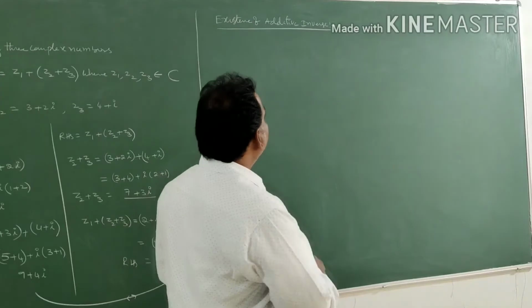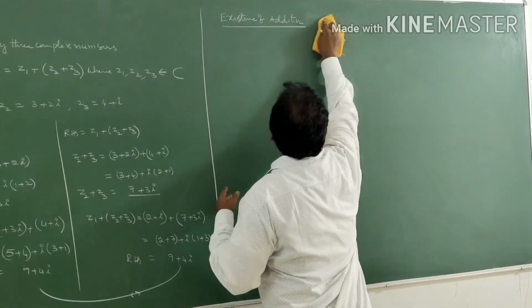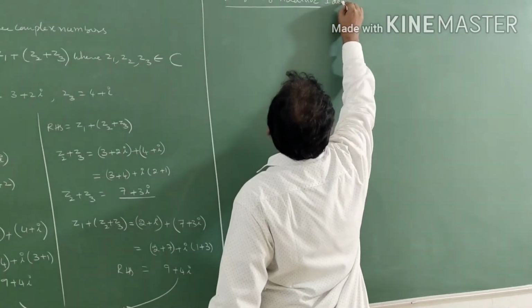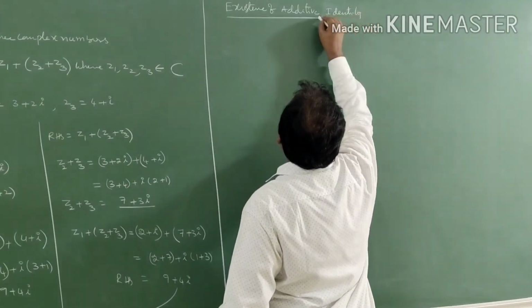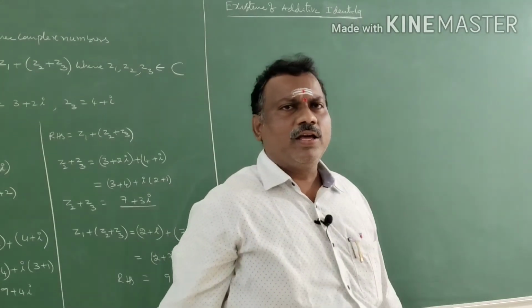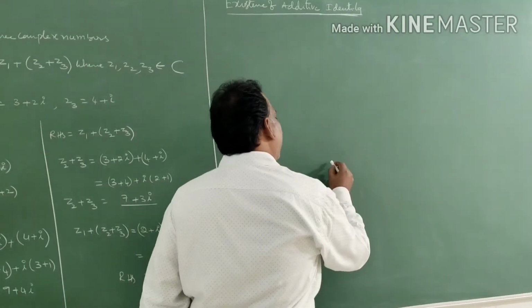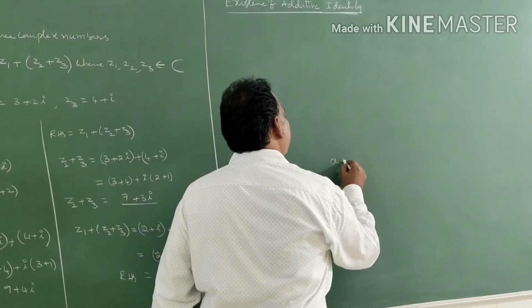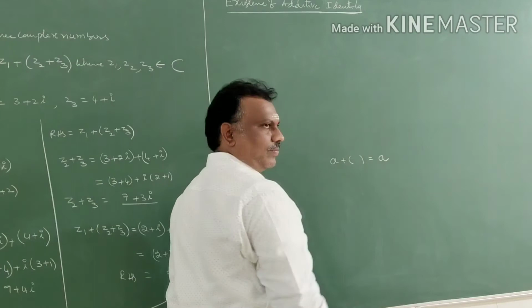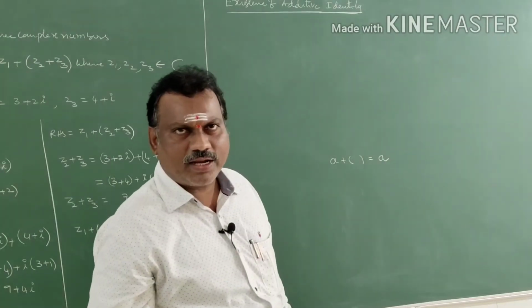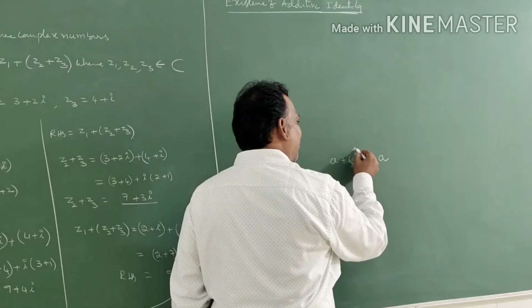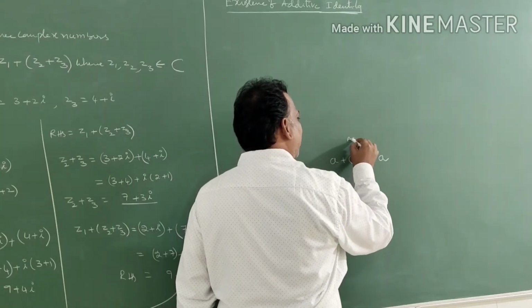Now additive identity, not inverse. After that we will go to inverse. Additive identity. This is called the law of identity. In algebra, you know very well, let a be a real number. By adding what number will you get a again? Does any such number exist here? Yes, there exists 0. So this 0 is called the additive identity.